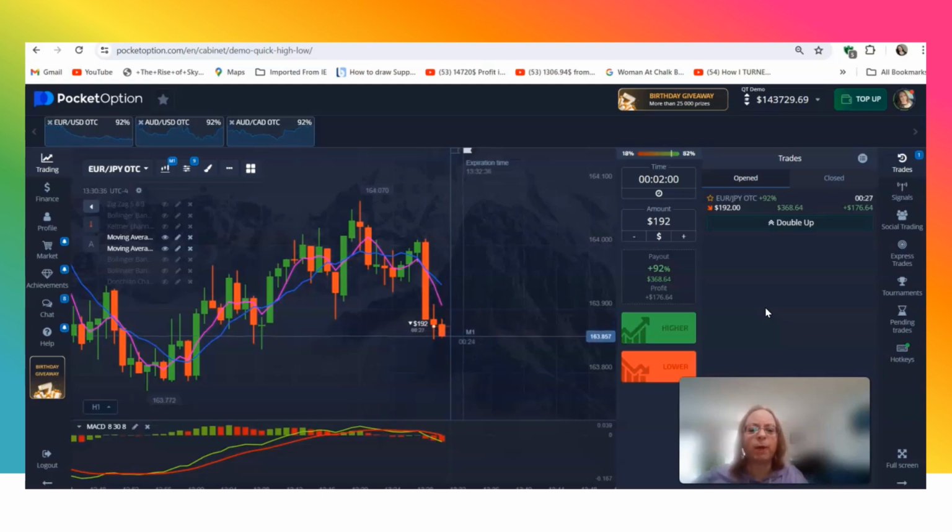I do have a compounding post in my Facebook group, and the link to that will be in the description as well, which shows you how you can risk just $1. And if you get through all 12 of the trades at that time with risking just the $1, you can make $1,300, but you have to get through all 12 trades before you make that $1,300.